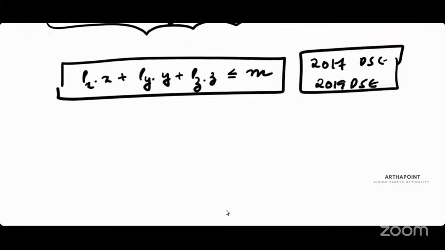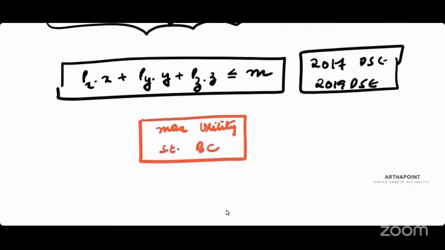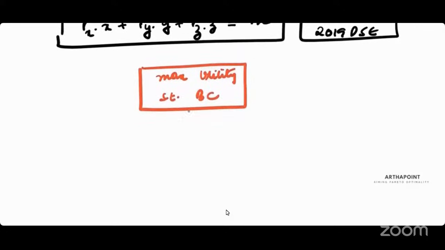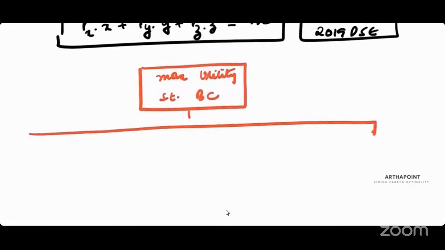Now, when we talk about maximizing utility, subject to budget constraint, there are 3 methods in fact. Method 1, 2, and 3.